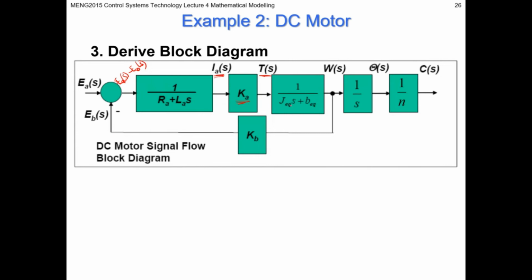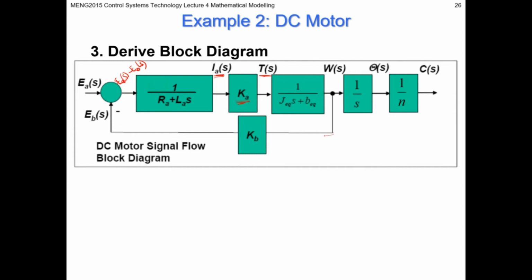And, F equals ma, so the F, in this case, is a rotational system, so that's our torque times our inertia. F equals ma, so torque divided by the equivalent inertia and the friction is going to give us the speed of the output.